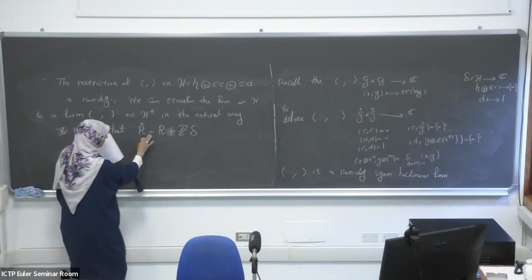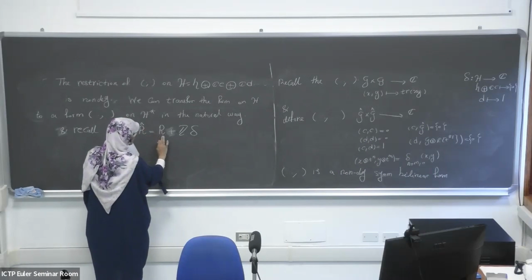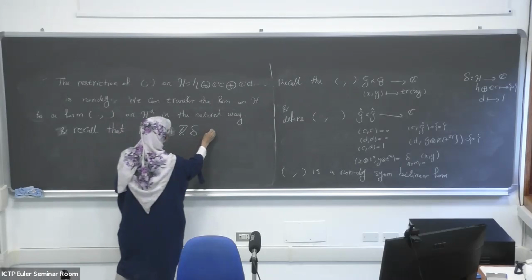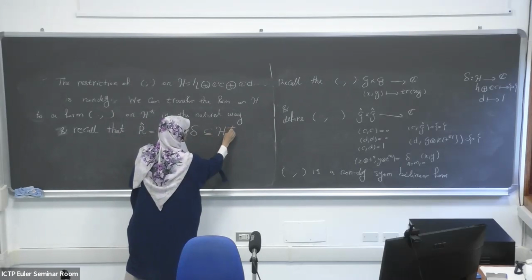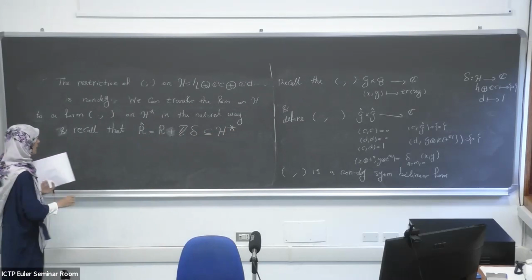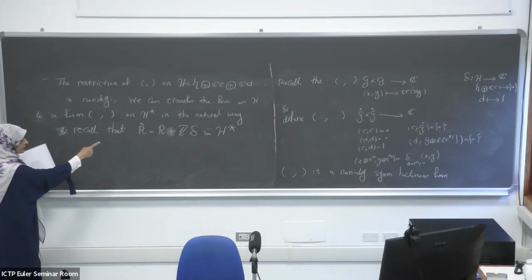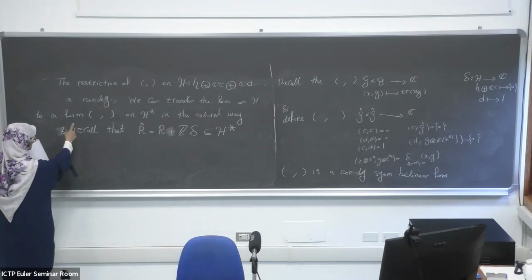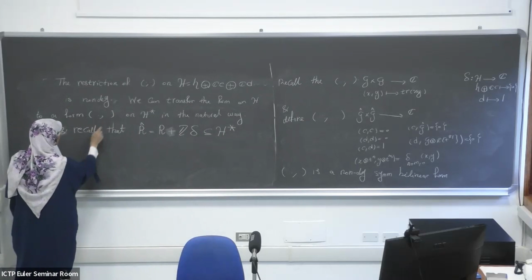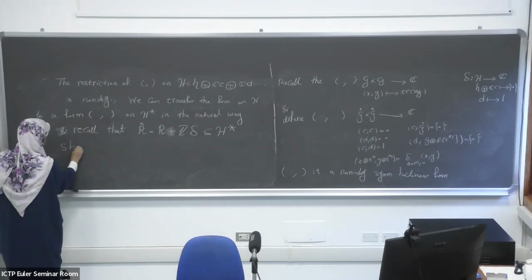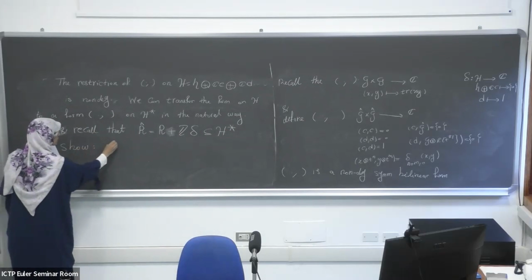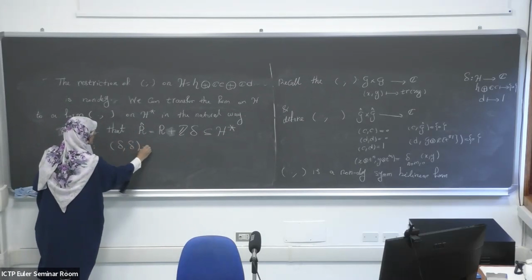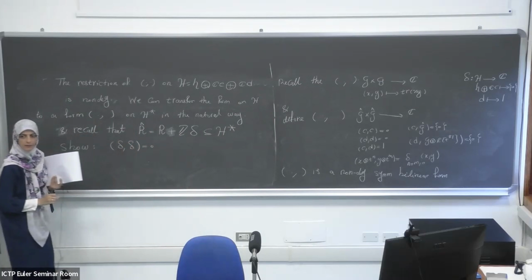So for me, R hat, which is written as R plus Z delta, is a subset of H star, right? And R hat is R plus the delta, and we have a bilinear form here, and you can show that delta delta is 0, right?